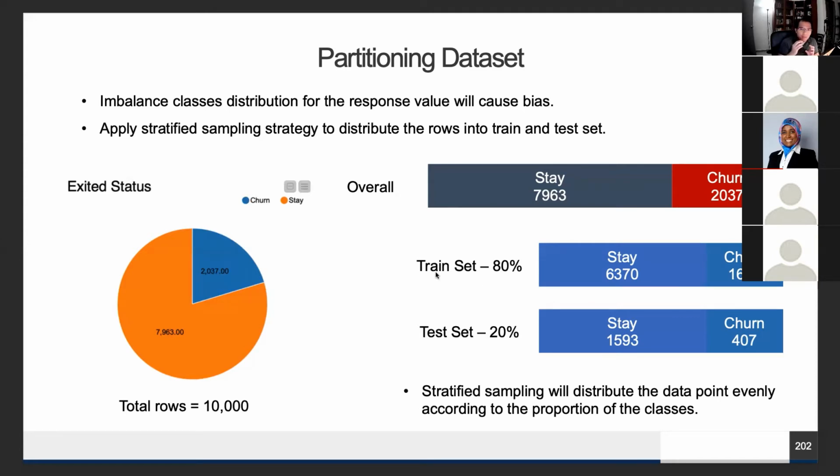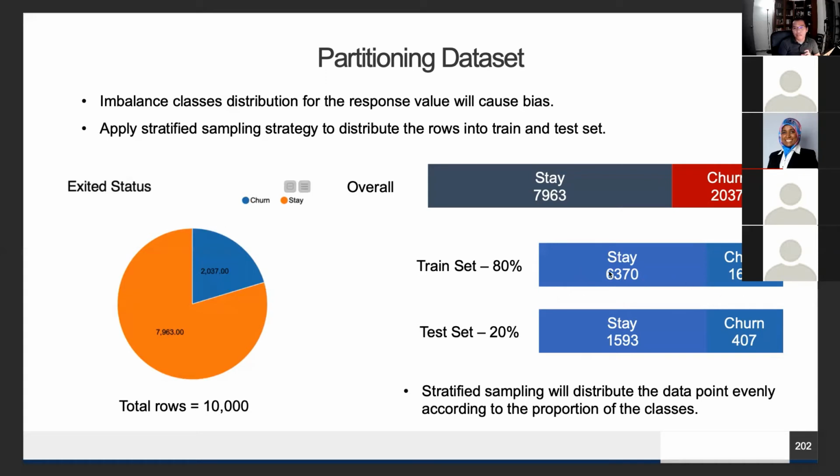Instead of taking it randomly, I use stratified sampling. That means 80% I will take from stay, and 80% I will take from churn. By using stratified sampling, I can maintain the proportion of these classes. If you compute 6370 plus 1630, it is also 80% of the overall data set.